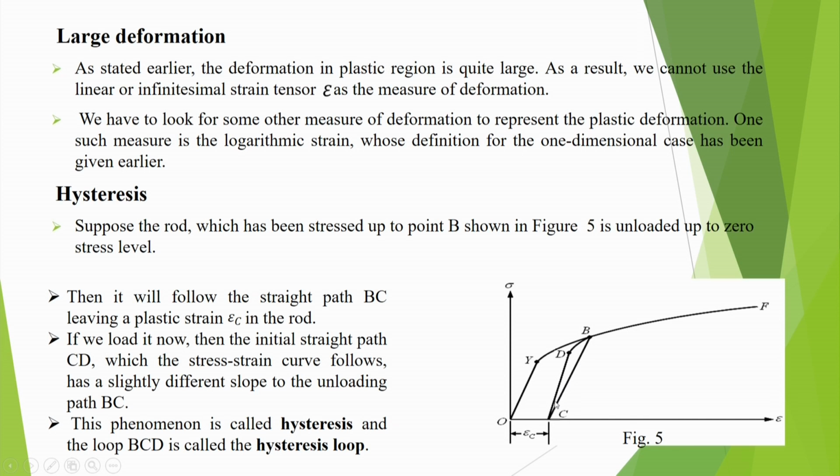That means there is a small loop, a small energy loss. The energy contained in the loop CDB is basically lost, and this phenomenon is called hysteresis, and the loop BCD is called the hysteresis loop.